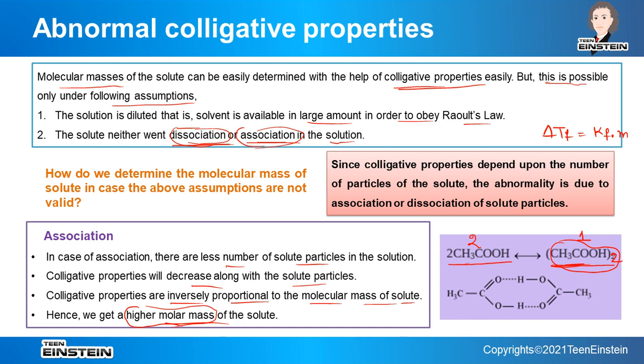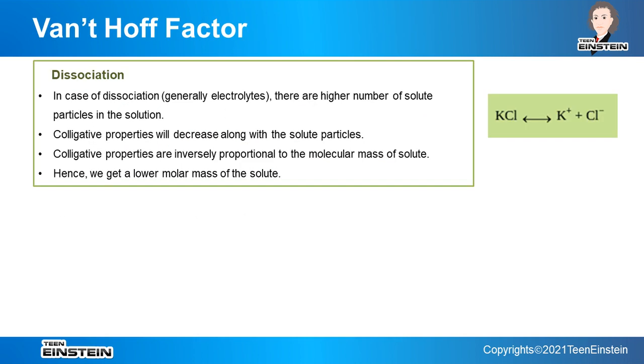Now what about dissociation? If there is dissociation, normally you will see it in the case of electrolytes. So there will be a higher number of solute particles in the solution. Here we have the example KCl: before it was 1, but after it is 2, K+ and Cl-. So colligative properties will increase, not decrease.